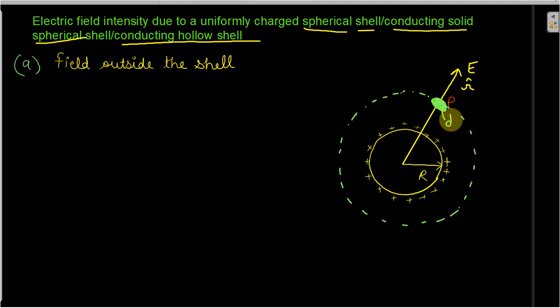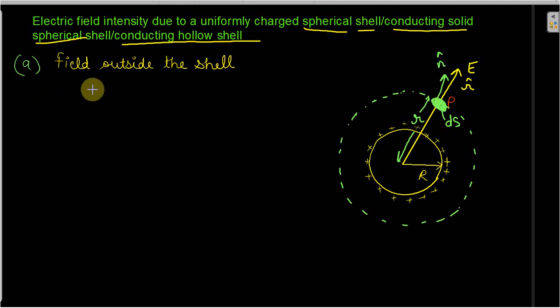Let the surface of this element be ds, and let n cap be the area vector of the ds element. So now we have to find the electric field, and we will apply Gauss law, and the radius of this imaginary Gaussian surface is r.